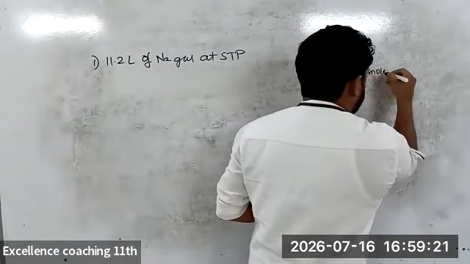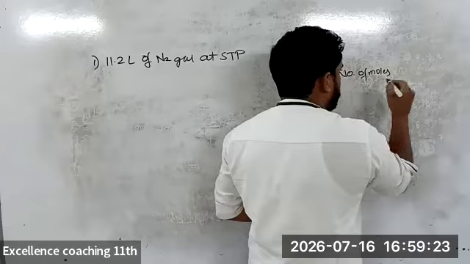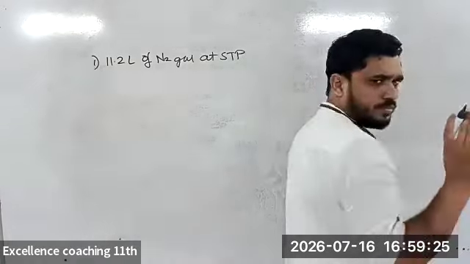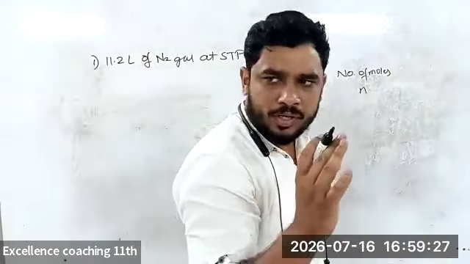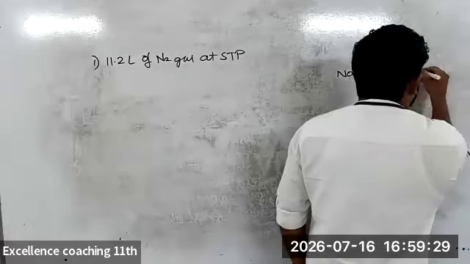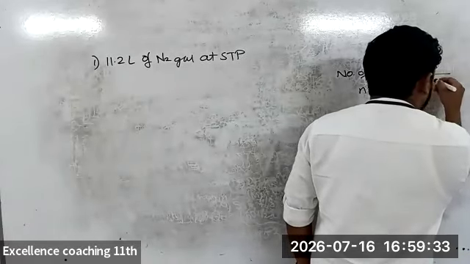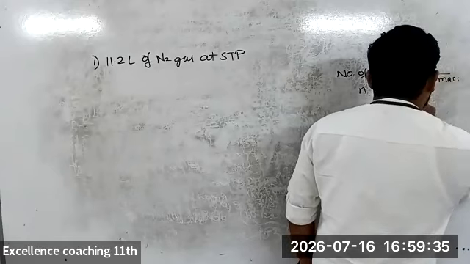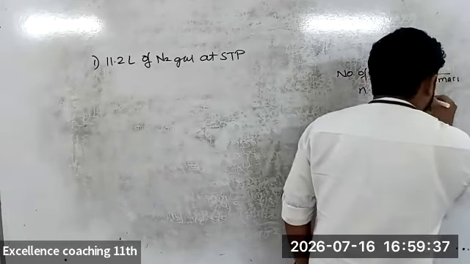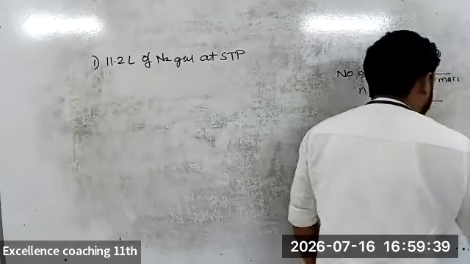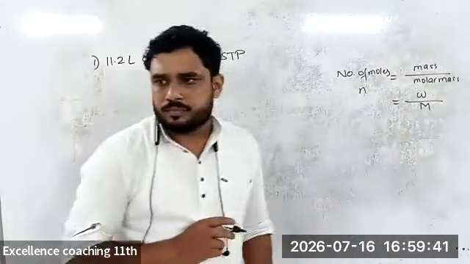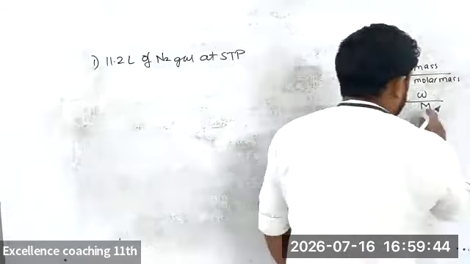Number of moles is sometimes written by small n. So it is mass upon molar mass. Just don't write anything, try to understand this first. Mass is given by W, molar mass is given by capital M or small m.